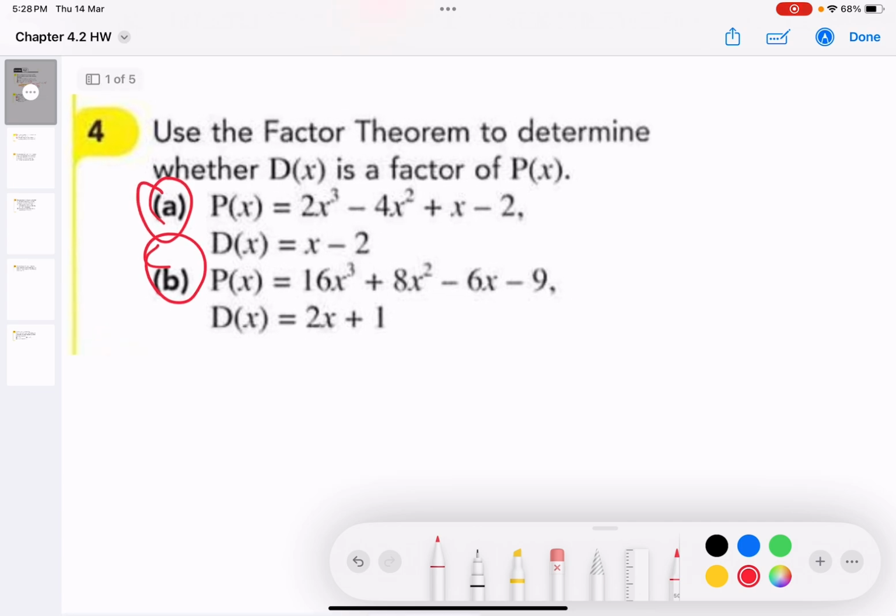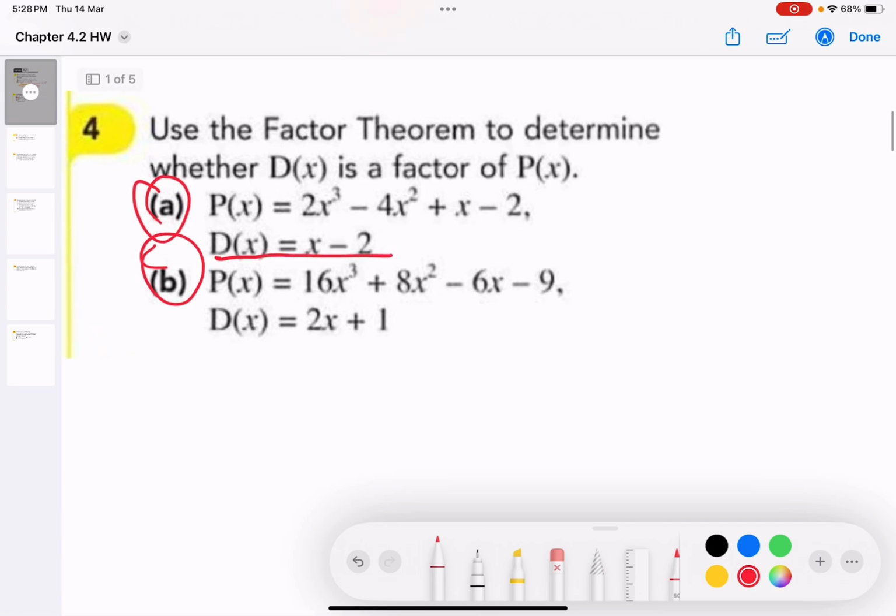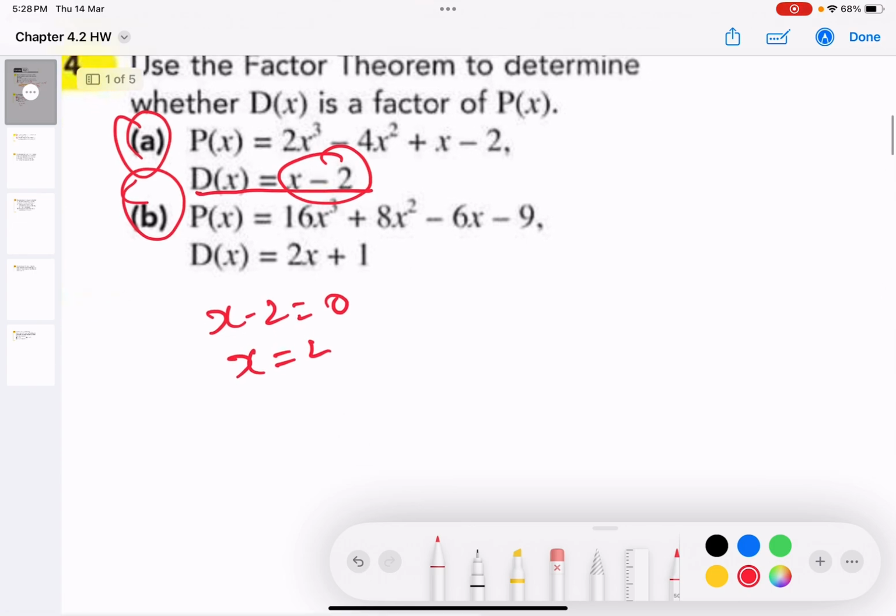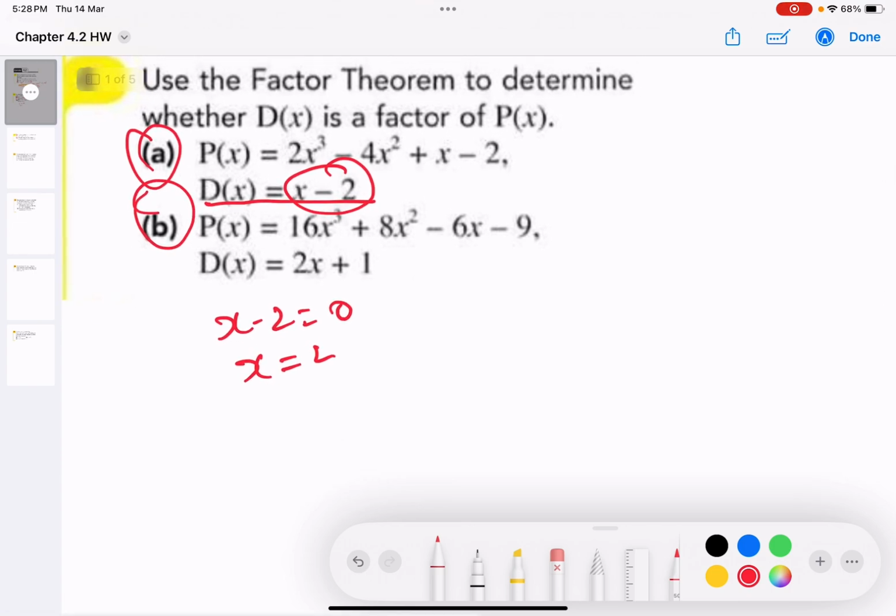The divisor here is x − 2, so to make it 0, x must be equal to 2. I'm going to substitute into the polynomial, p(2), the value of x that makes the divisor equal 0.